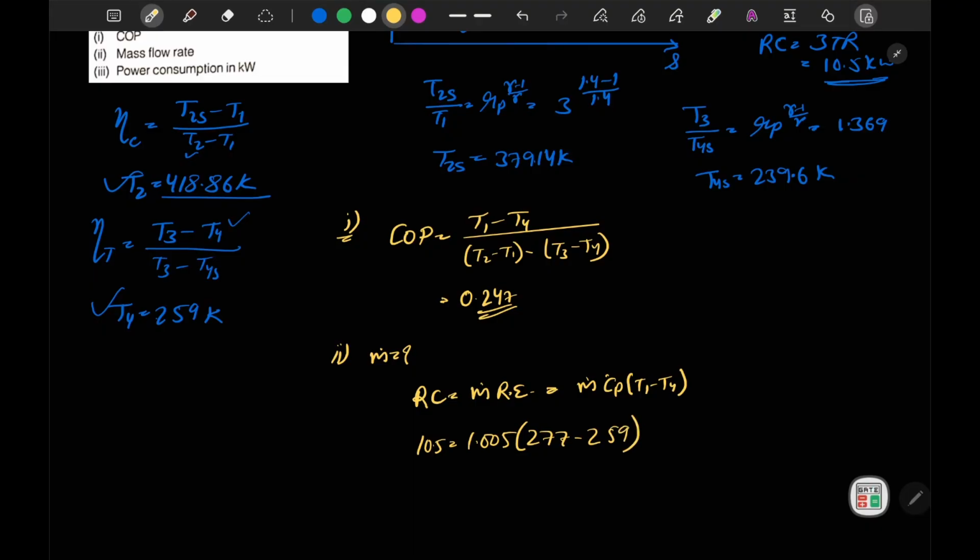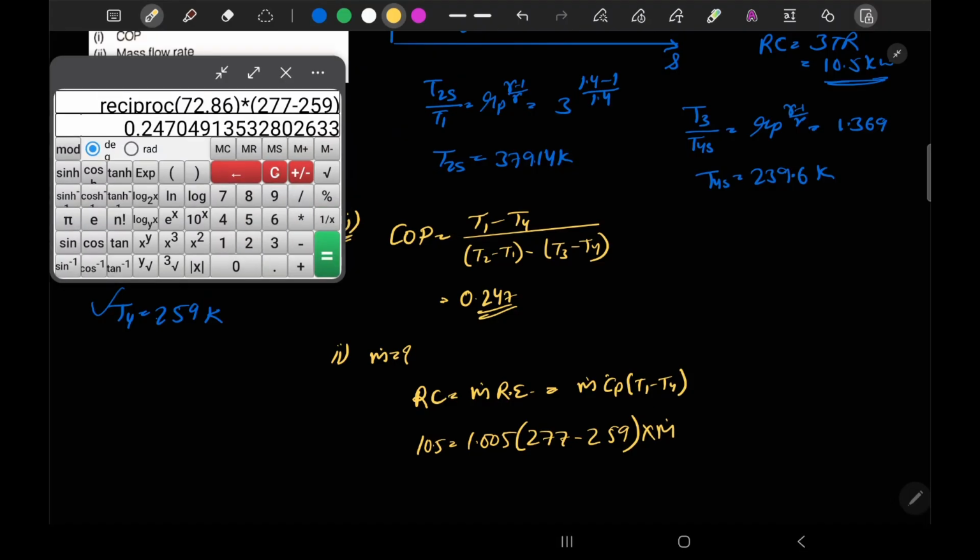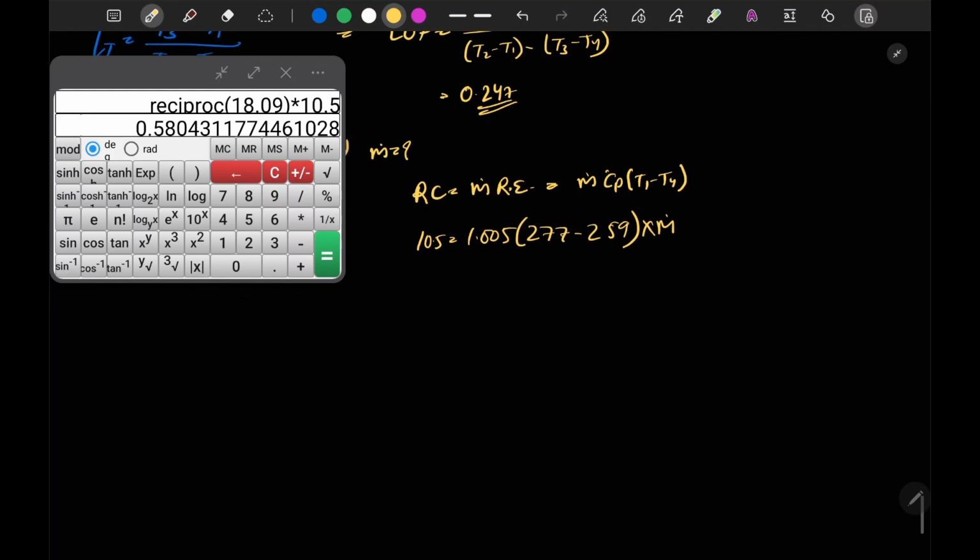Sorry, I forgot mass flow rate is here. Now if I want to calculate mass flow rate, we can directly take 277 minus 259 into 1.005, inverse, into 10.5. Okay, so this is our mass flow rate. Mass flow rate is equal to 0.58 kg per second.